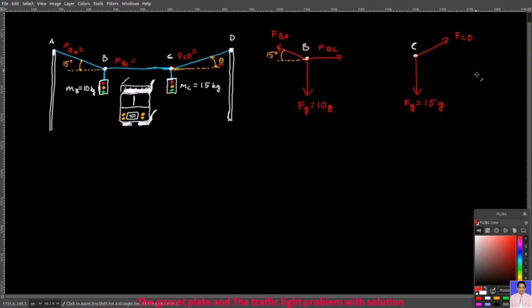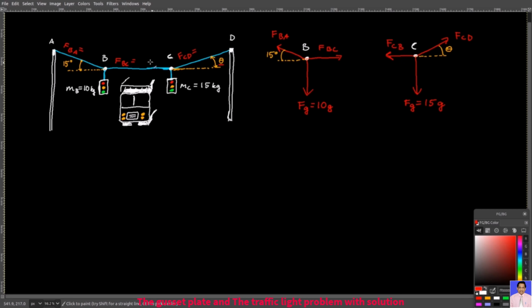This is FCD, here you have your theta, and now if here you had a force from B towards C, note that we could have also written it like this, FC with respect to B. And here, for example, it could have been FA with respect to B, or FBA without this slash, meaning that the force goes from B towards A. But anyway, here you have a force that goes from B towards C. And here you have a force which goes from C towards B.